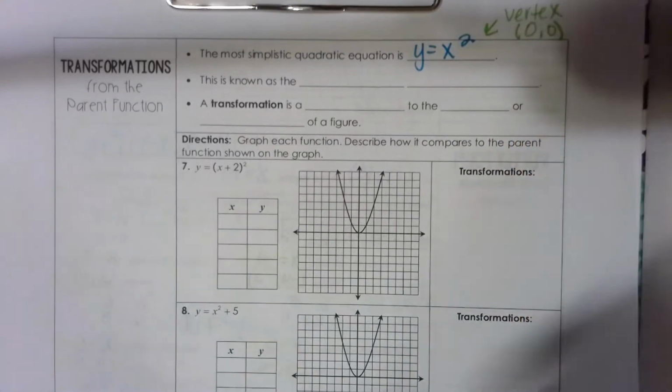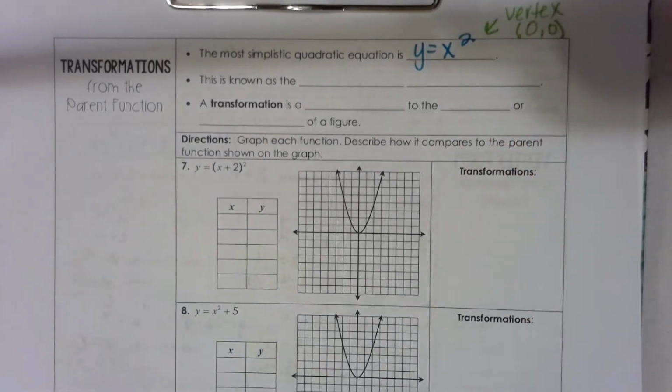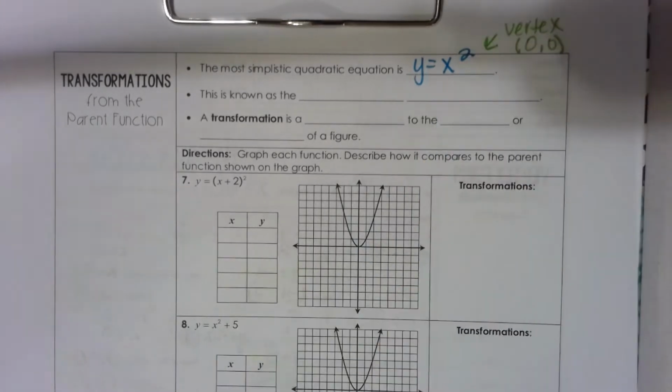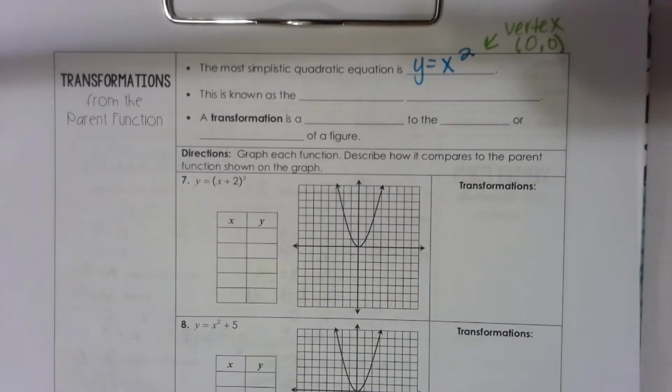It's the most simplistic one because your a equals 1, your b equals 0, and your c equals 0. That's as simple as you can get your quadratic equation because you do have to have that x squared. So this y equals x squared function is actually known as the parent function.